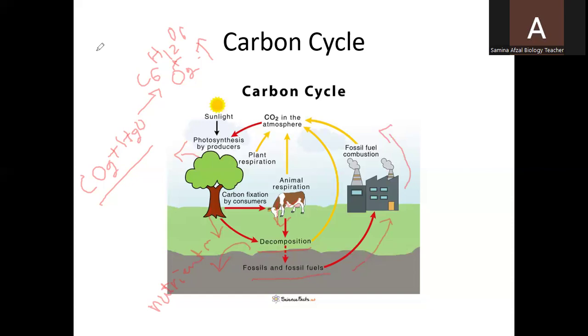But all other processes, whether it is decomposition, respiration, or combustion, all these processes help to add carbon dioxide into the air. And so in this way, we can say the carbon dioxide is adding up in the environment due to fewer trees on this earth.